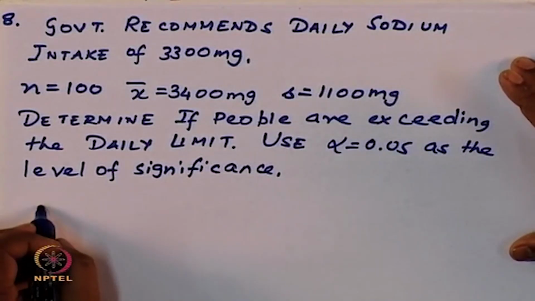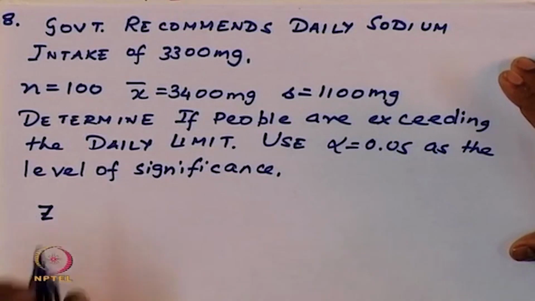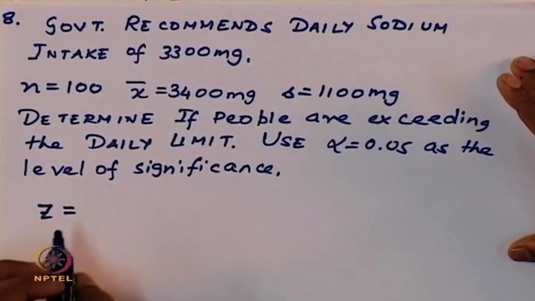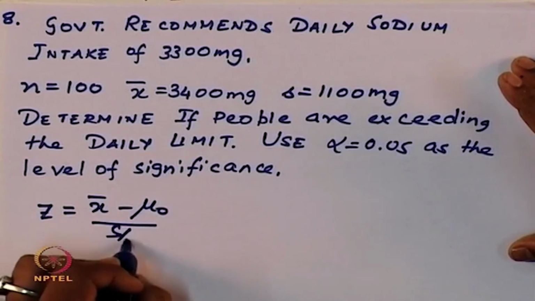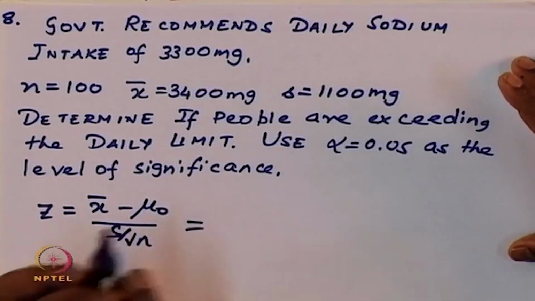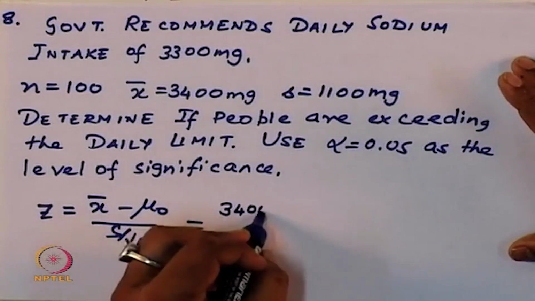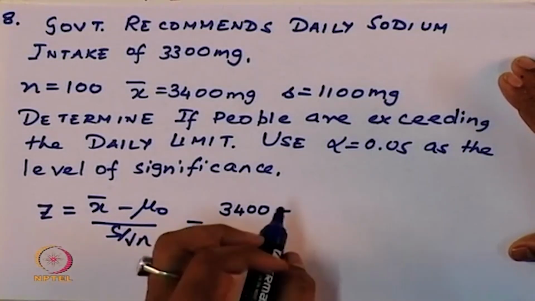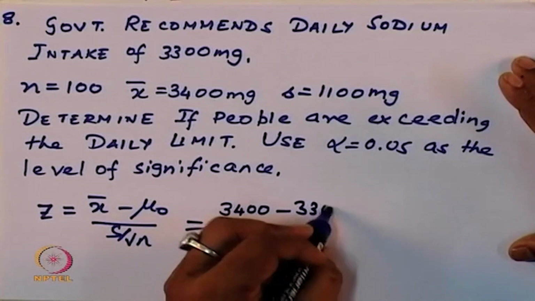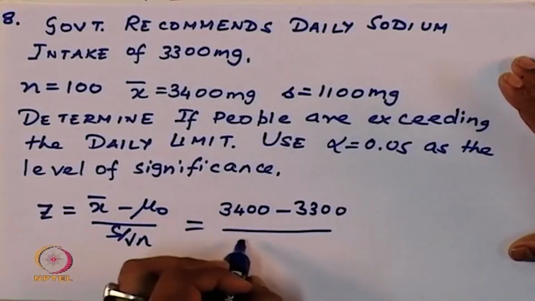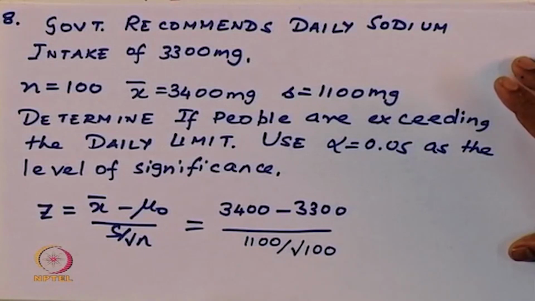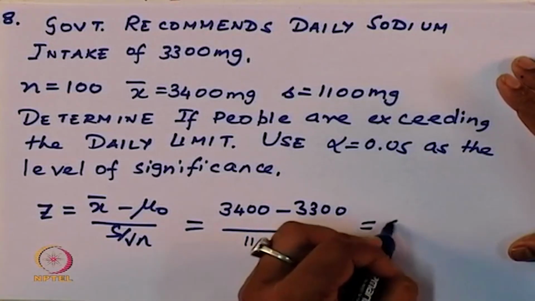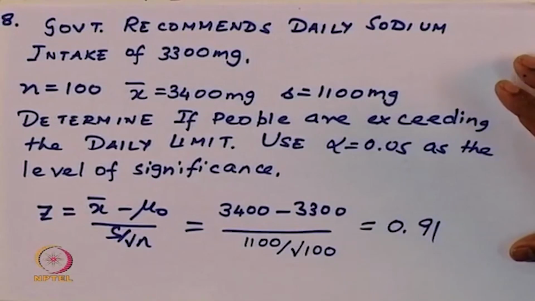As before, we have to calculate the test statistic, which is given by x bar minus mu naught by s by root n. X bar is 3400 milligrams, mu naught is 3300 milligrams, s is 1100, and n is 100, so you get a value of 0.91.